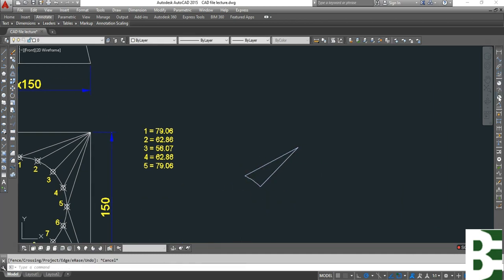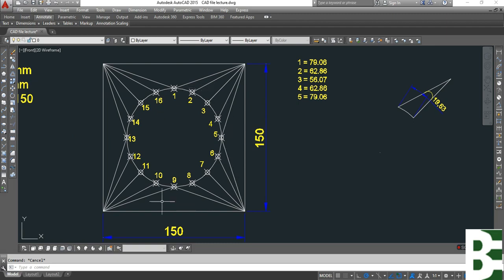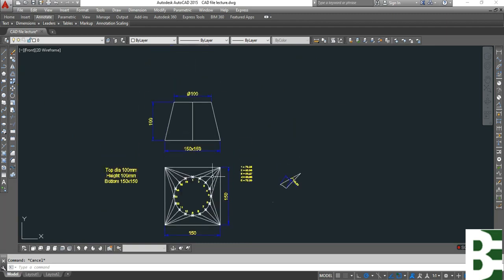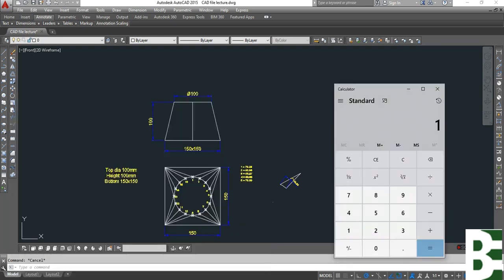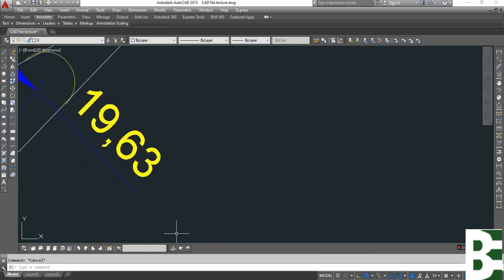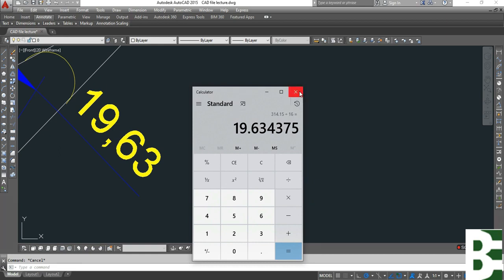Now here each segment has an arc length. I will measure the arc length of one segment. As you know, these are equal divisions. That's why if you calculate from the calculator, you take the circumference of the top dia and divide it into 16, the result will be the same. Look, 19.63.